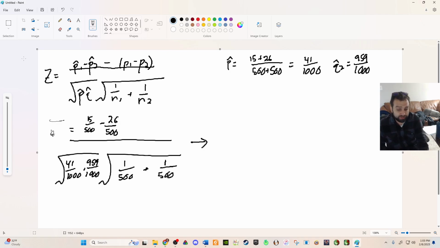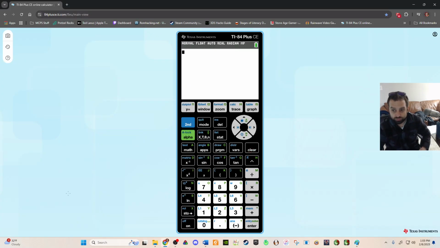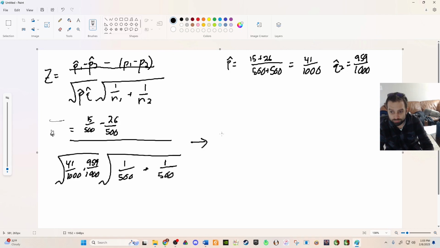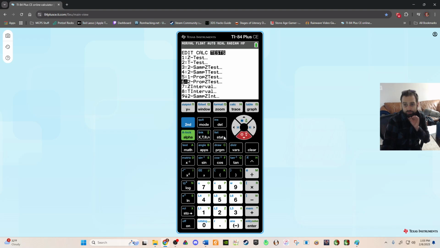I forget what I got when I did this. Let's go right to the calculator. Over to tests. We're doing a two proportion z test. My first proportion is 15 over 500.